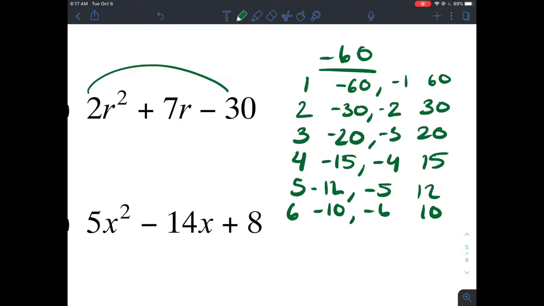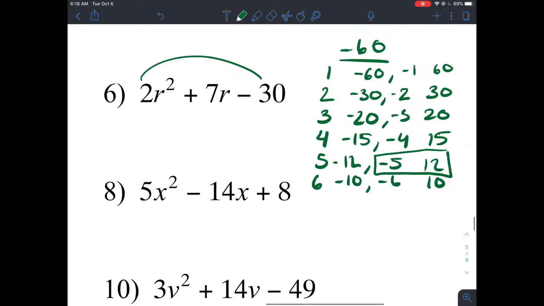7 does not go into 60. 8 does not go into 60. And then 9 does not go into 60, which just brings us back to 10. So we've written out all the factors here. So now we've got to figure out which one is going to add to give us a 7. So you could go through, figure out what each one adds up to. This guy here is going to give me my 7.